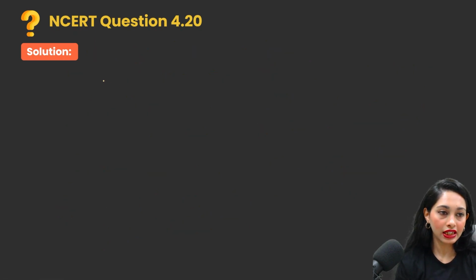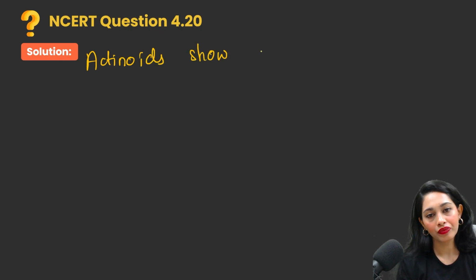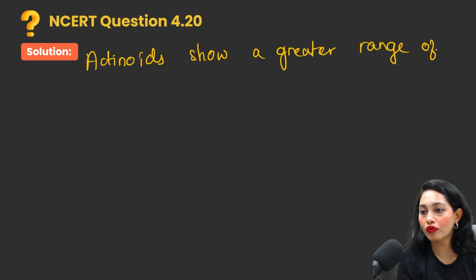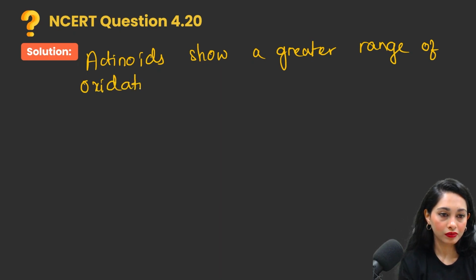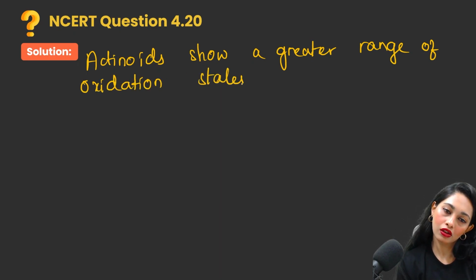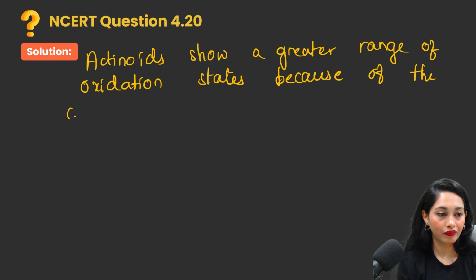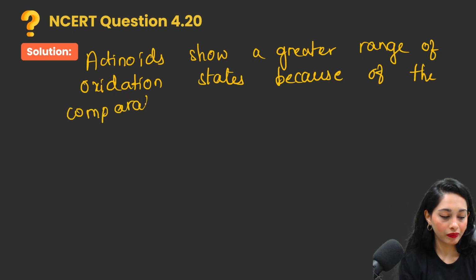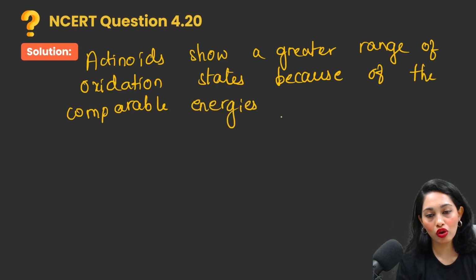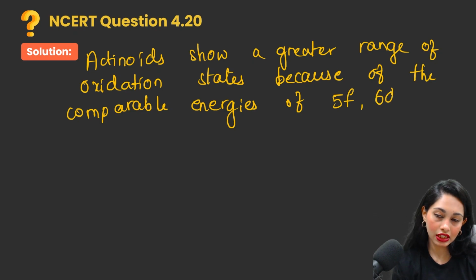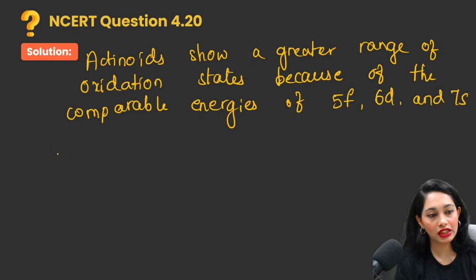Okay. Just like lanthanoids, actinoids show a greater range of oxidation states because of the comparable energies of the respective orbitals, like there is 5f and 6d and 7s orbitals.